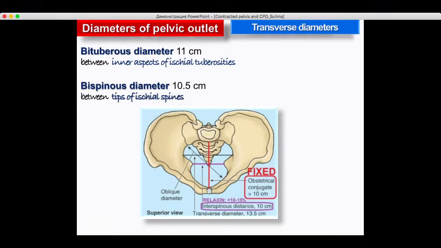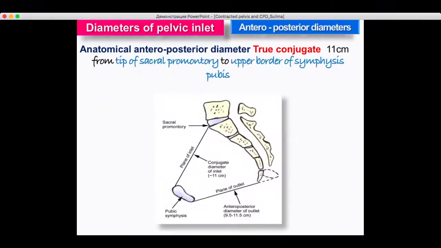This is the diameter between the tips of the ischial spines. You should know it very well. Of course, you should study it during your classes, and each teacher asks you about it on the exam. Please pay attention to these diameters.